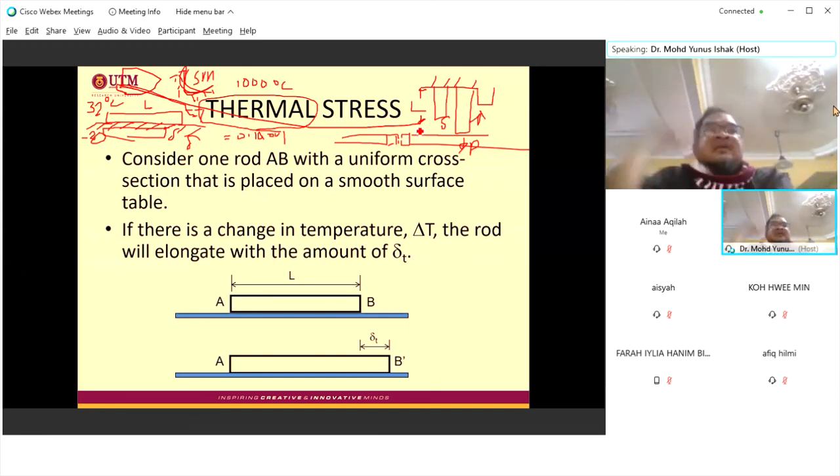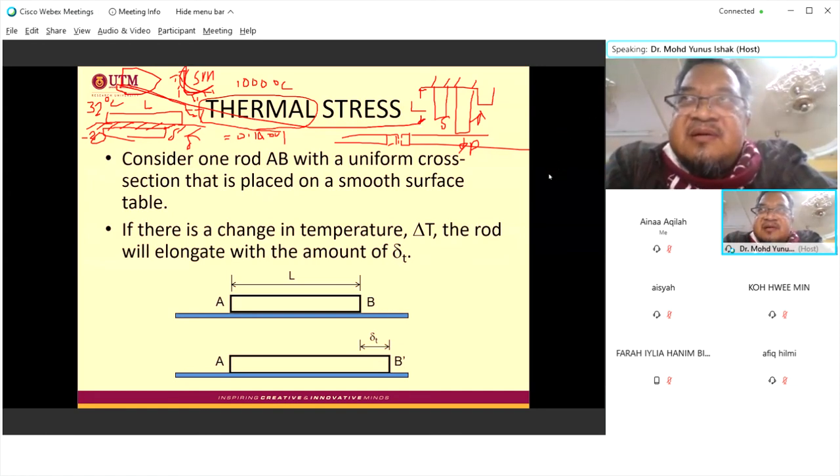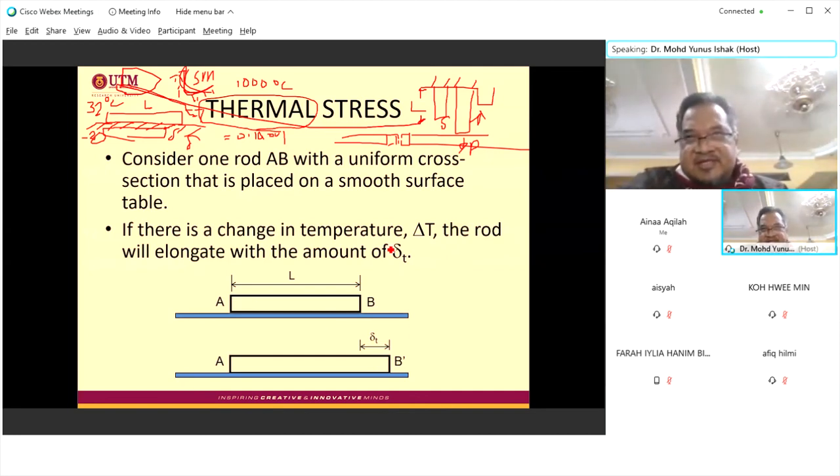Consider one rod AB with a uniform cross section that is placed on a smooth surface. If there is a change in temperature, the rod will elongate with the amount of delta T. So here we call T temperature.